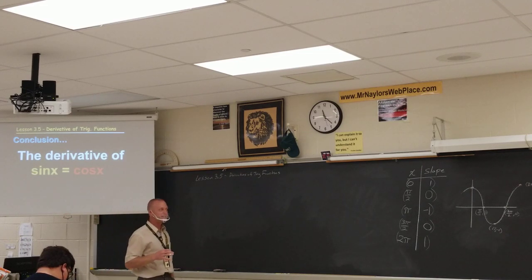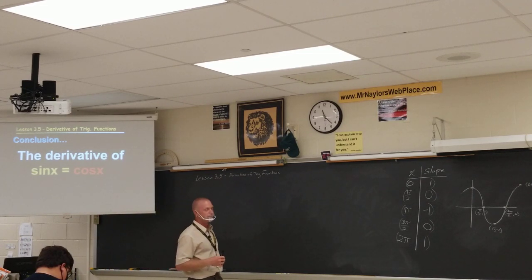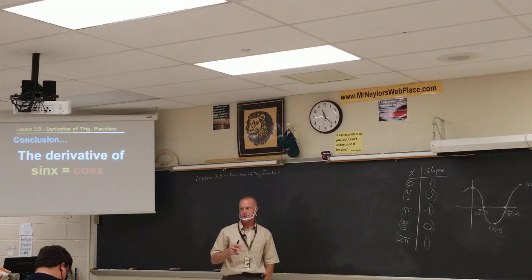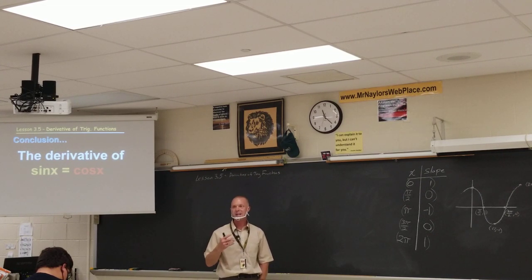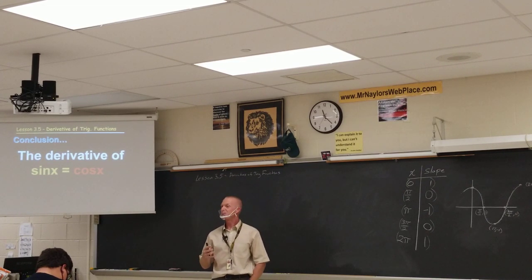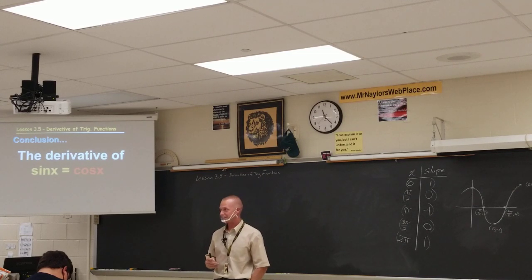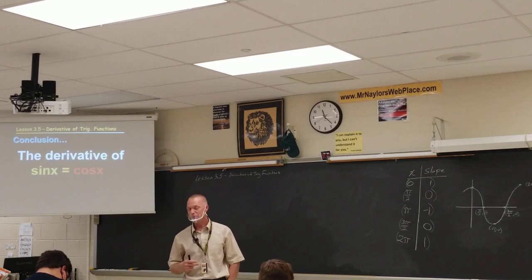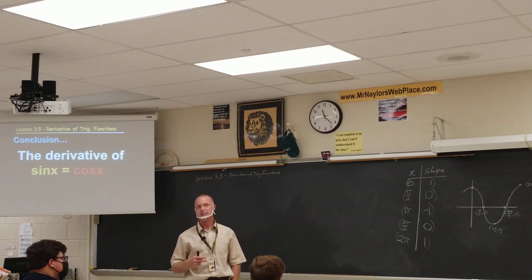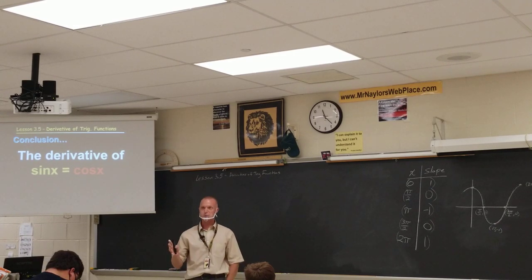Okay, now if you think that's neat, or maybe if you don't think it's neat, all the trig functions have a connection. All the trig functions have a derivative connection. What I mean is the slope of all the trig functions relates back to another trig function.